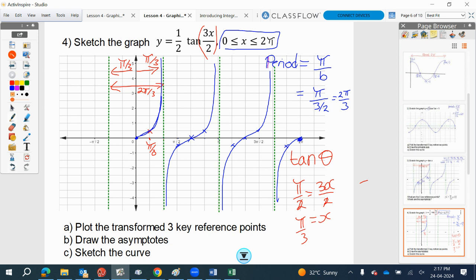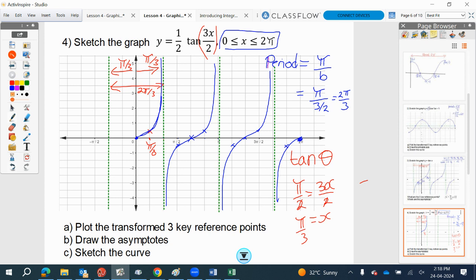Notice in the question you're told a specific interval to draw it. Now, is the point in the middle always in the middle? Kind of, unless there's a vertical shift. We don't have a vertical shift here. It's always halfway between the asymptotes, not where it crosses the x-axis, but where it crosses the principal axis.